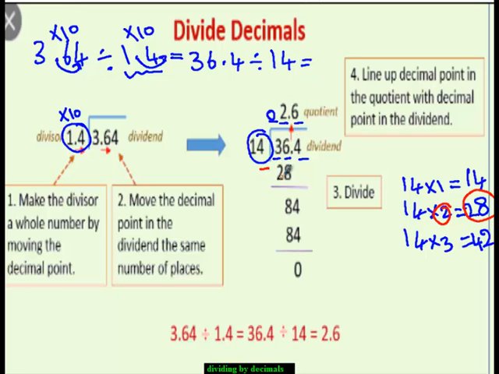Now I subtract: 36 minus 28 is 8. Then I drop down the 4. 84 divided by 14, the answer will be 6, because 14 by 6: 6 by 4 is 24, 4 and carry 2, and 6 by 1 is 6, plus 2 is 8.